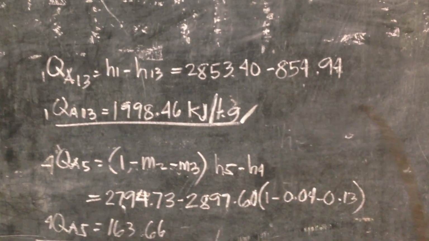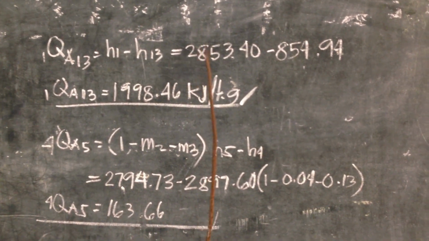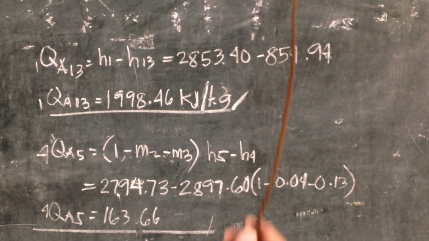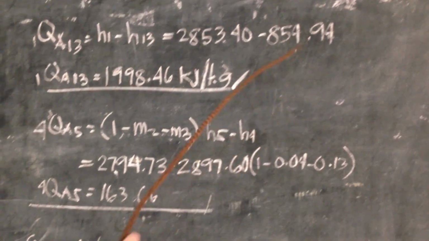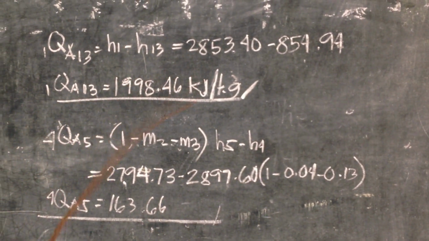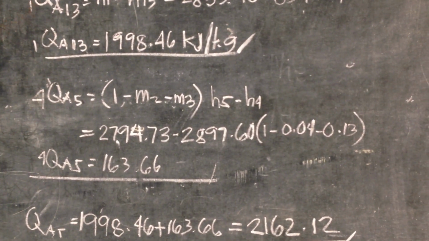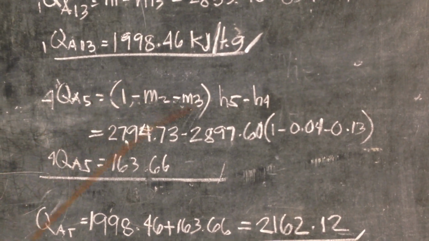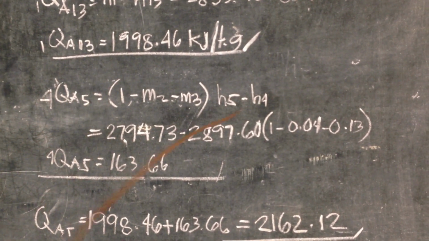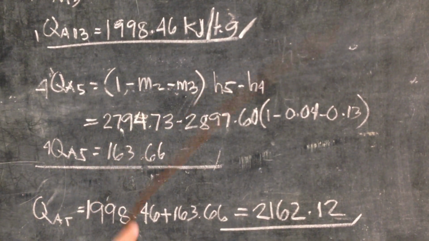Heat added at point 13: H1 minus H13 is 2853.400 minus 854.94. The result is 1998.46 kilojoules per kilogram. And also heat added from point 5, from the presence of mass 1 minus M2 minus M3, times H5 minus H4.